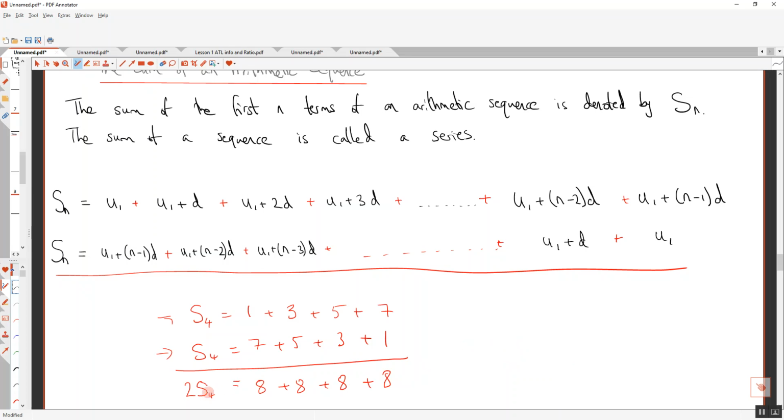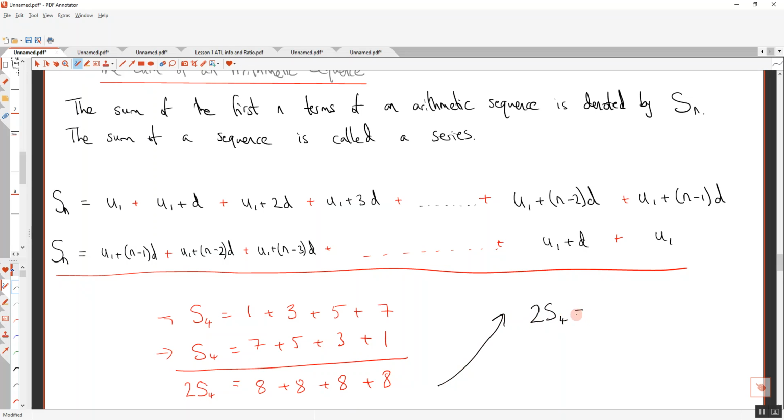Very good. So he's noticed that, now you said it was also n times. Why is it n times it?